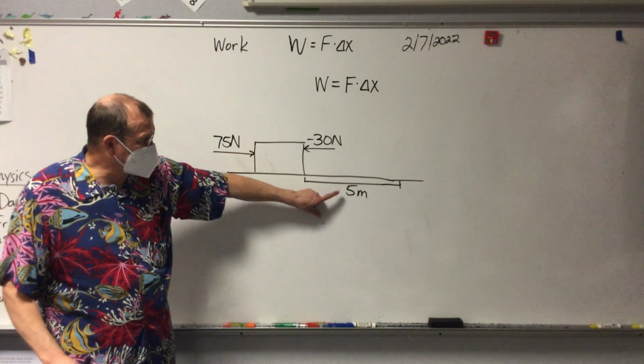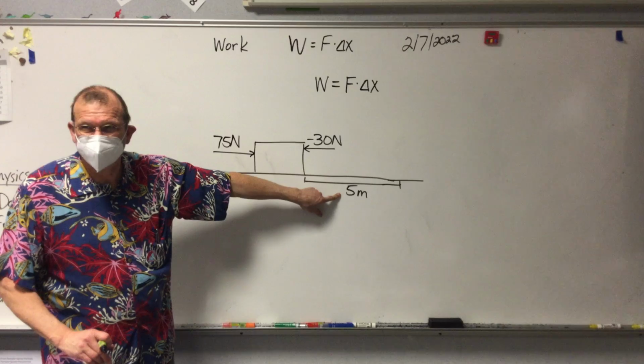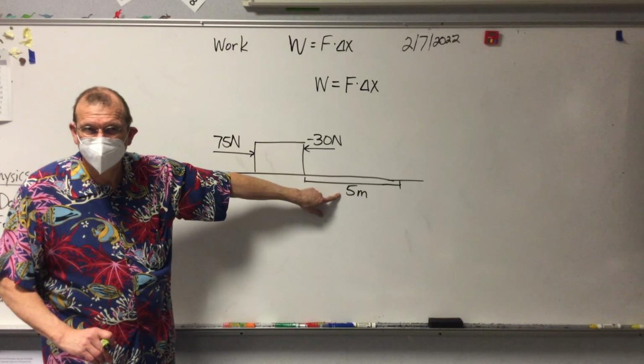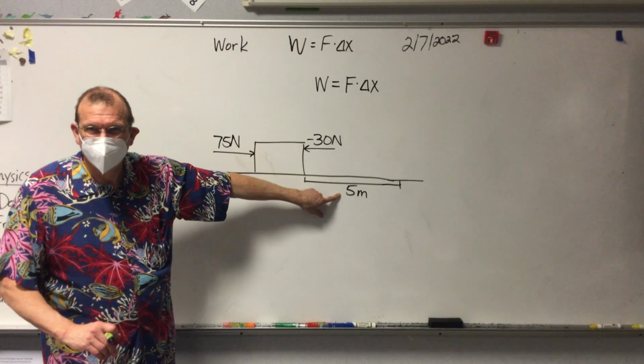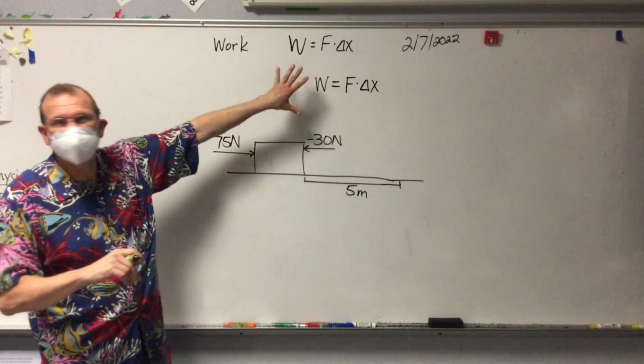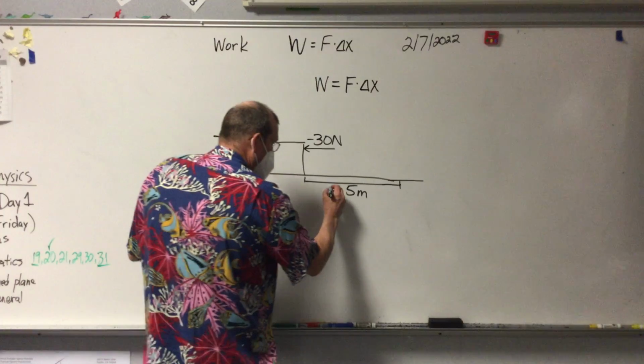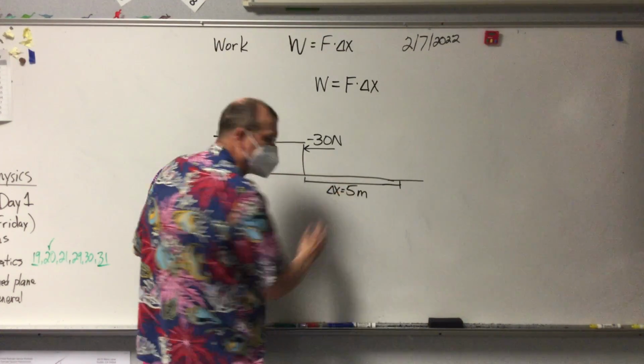Now, simplistically, what's our 5 meters? What's our variable for this? Levi? So which variable? That's our delta X. That's easy enough.